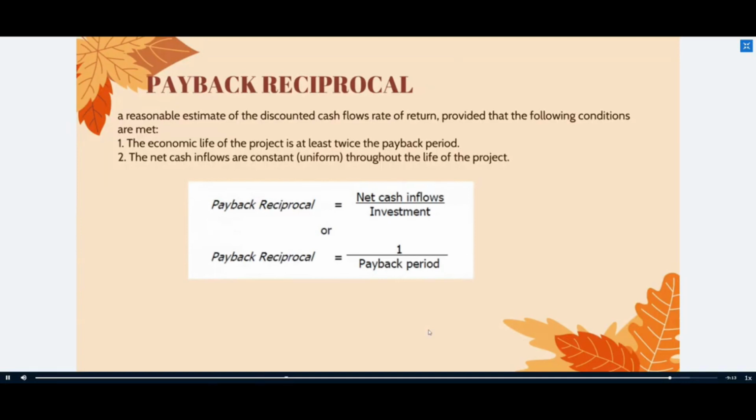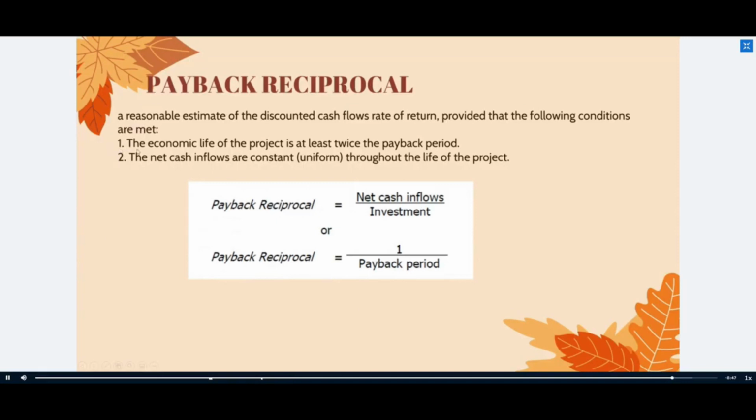Remember, earlier we computed the IRR, where the present value of cash inflow versus the present value of cash outflow is equivalent to zero. That's the IRR. The payback reciprocal is an estimate of IRR provided that these conditions are met.